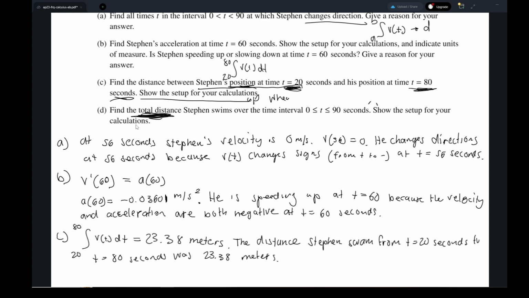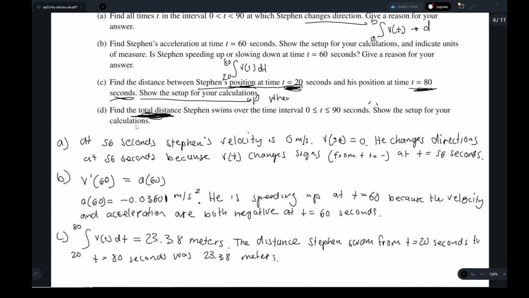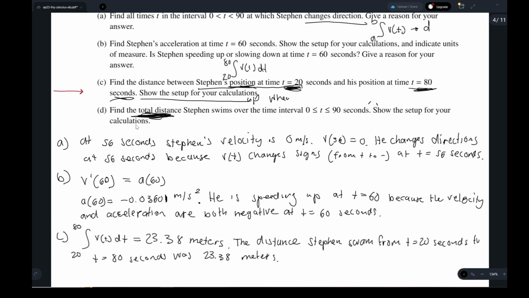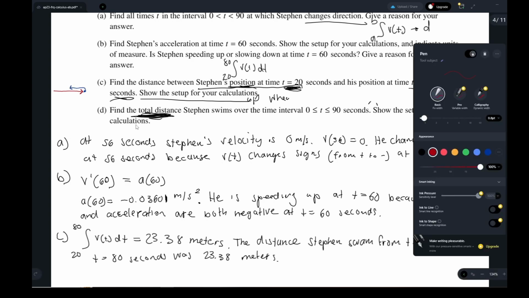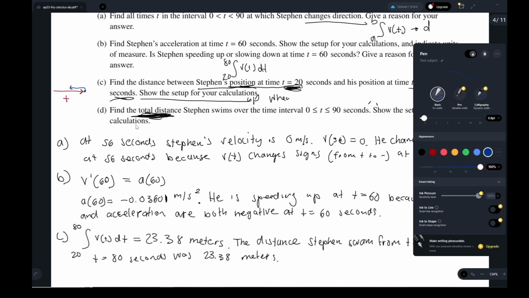So what I mean by this is if, for example, I was running forward for this long, and then all of a sudden I decided to turn around at this point, right? At this specific point, I decided I'm going to start running back. Here, my v of t was positive because I'm going to the right, and here my v of t is negative.